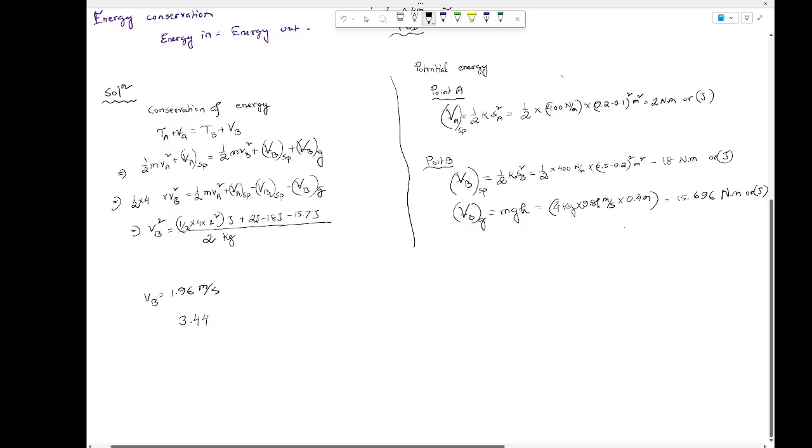I see what I did wrong. I used 60 instead of 18. So I did it wrong as well. Sorry about that, guys. It's perfect. So 3.44 meters per second, right? Alain, did you get the 3.44? I didn't get that. I thought this was wrong.